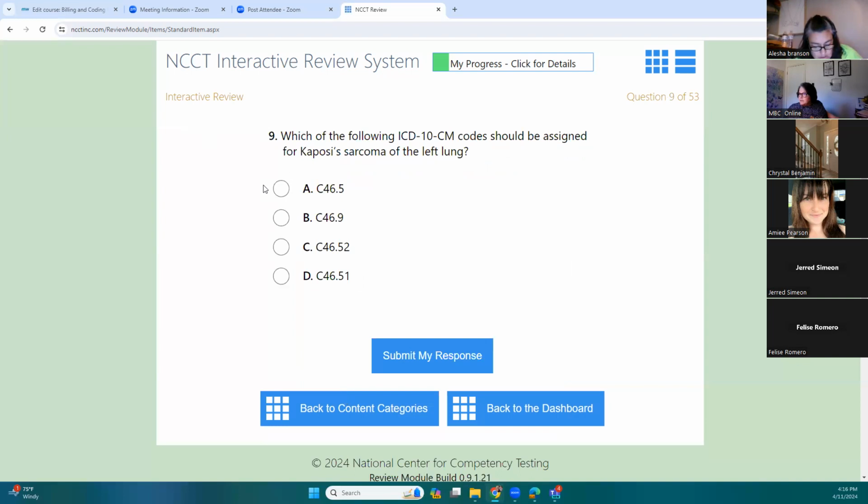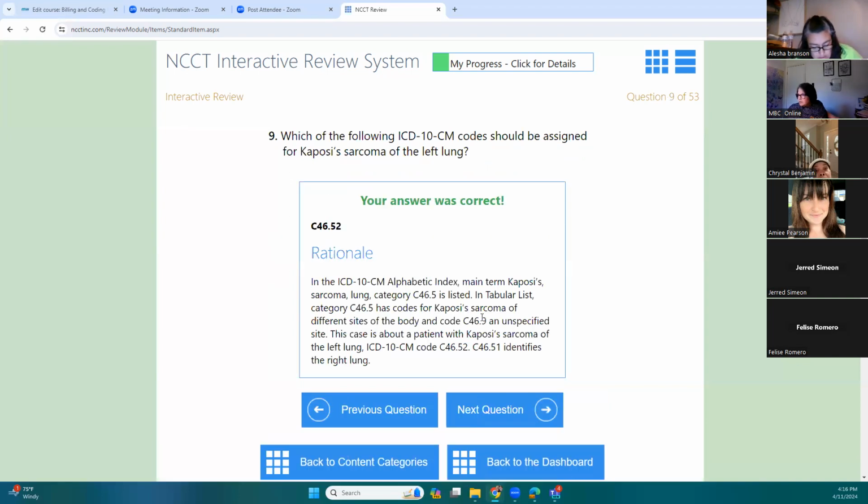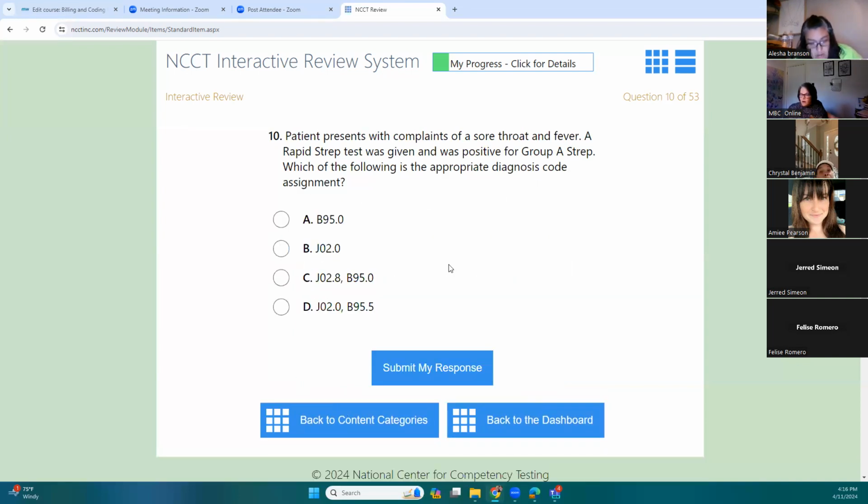Let's go back and look. We don't care if this one's wrong again. All right, so let's look at J. When we look at J02.0, this is why it's the correct answer. It says streptococcal pharyngitis, but if you keep reading down, it includes septic pharyngitis and streptococcal sore throat.